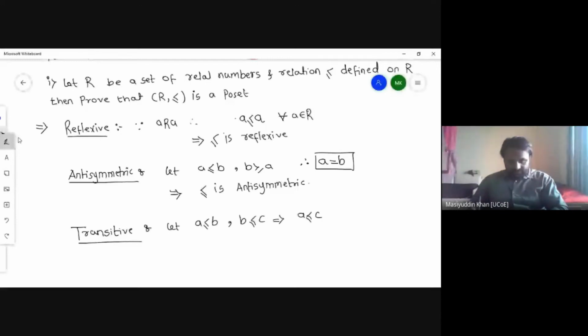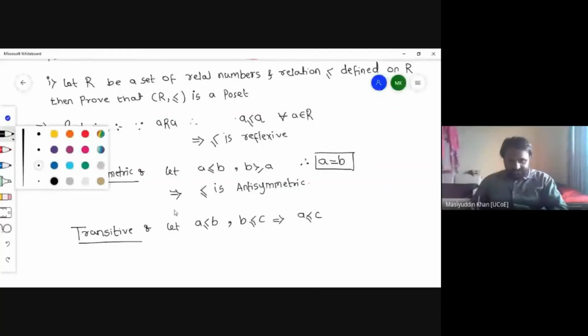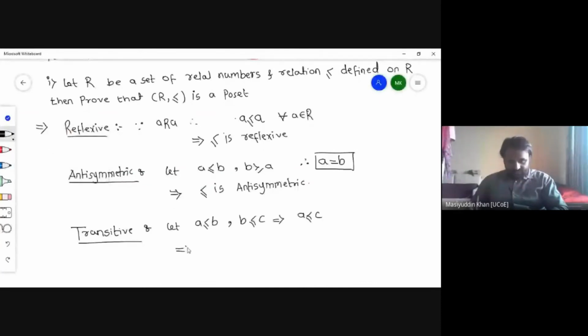So this less than or equal to relation is transitive.